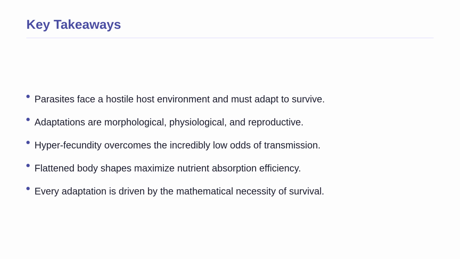Finally, physical changes, like a flattened body shape, are not random. They maximize the surface area to volume ratio for highly efficient nutrient absorption. You have now seen how biology and mathematics combine to explain one of nature's most extreme survival strategies. Great job following along.